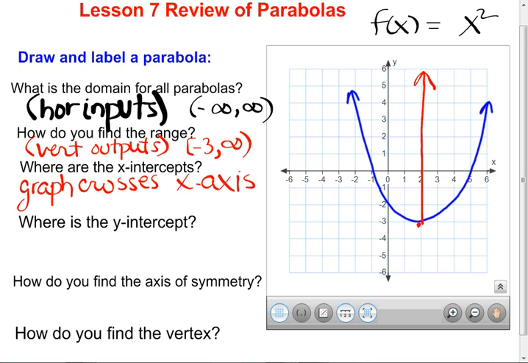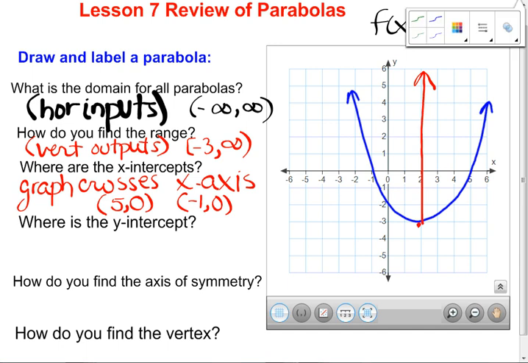Can you give me one? 5 comma what? 0. Okay, they have to be ordered pairs. Negative 1, 0. This is a different notation than interval notation, so that can be confusing. I can see how that could be confusing.